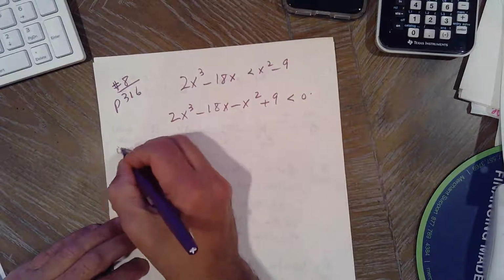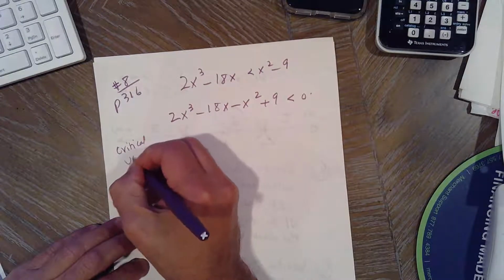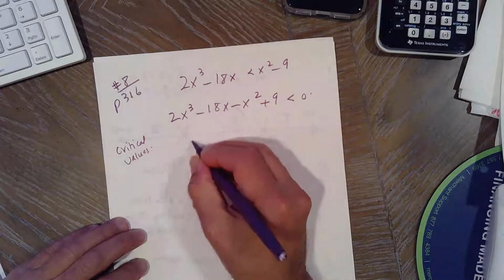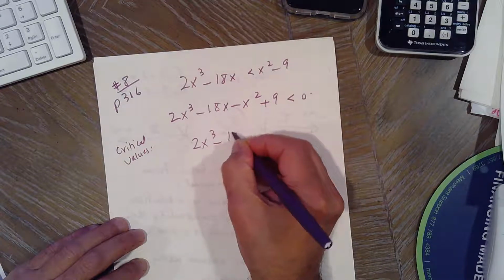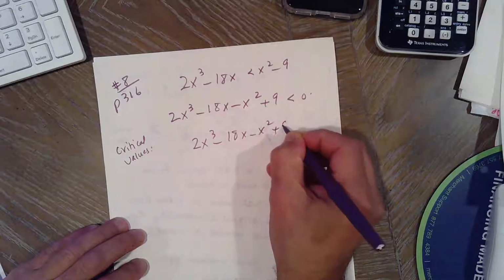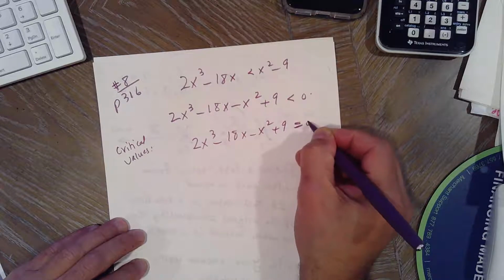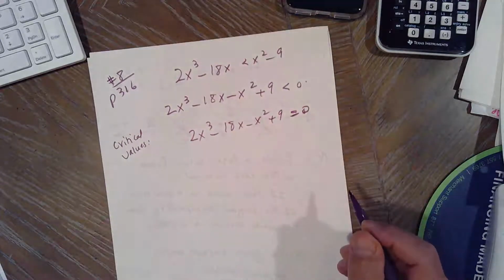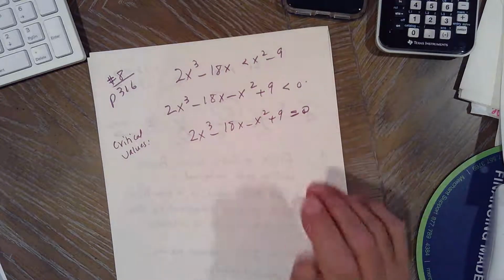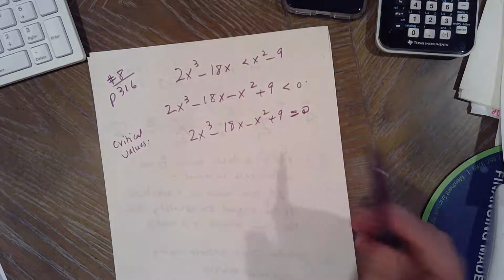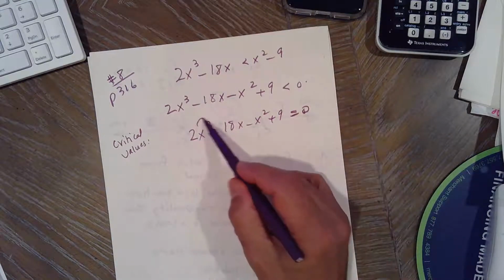And then we want to find the critical values by setting it equal to 0. And this is exactly what we have been doing for the last few sections, finding zeros of polynomial functions. So we're solving a cubic equation. A lot of times we could do grouping.